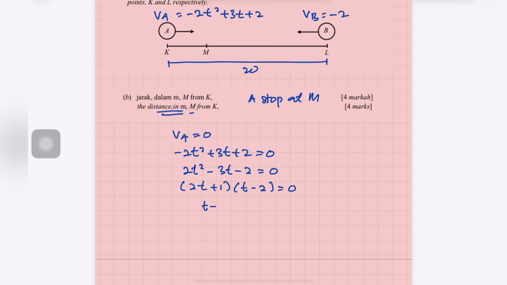So t equals negative 1 over 2 is not possible, t cannot be negative. So we choose t equals 2. So the particle stops at M when t equals 2.